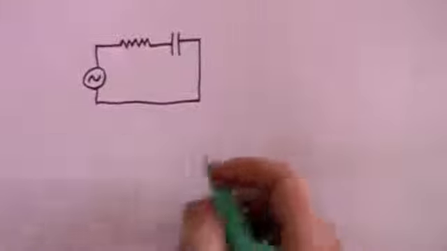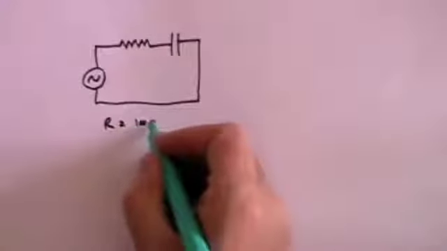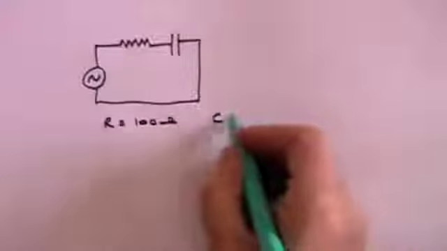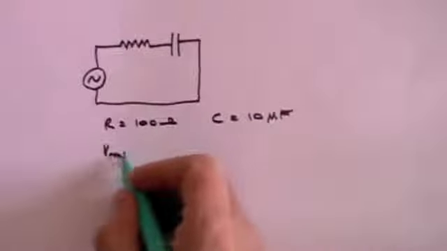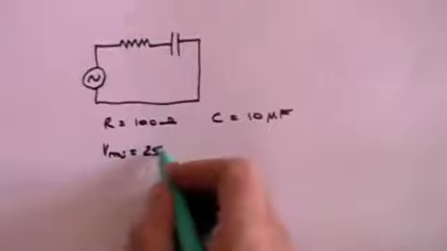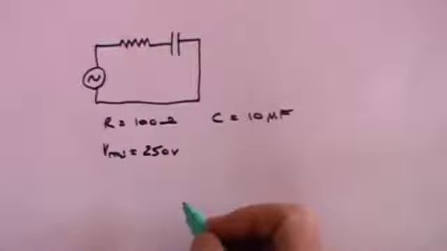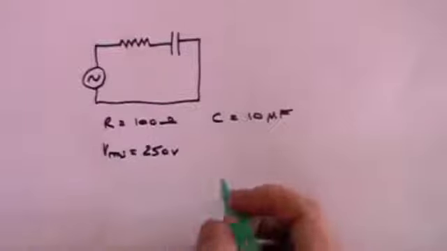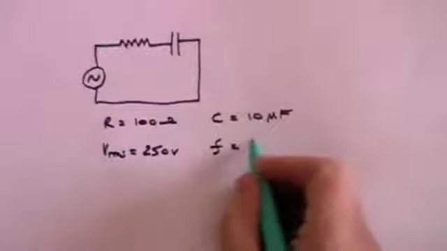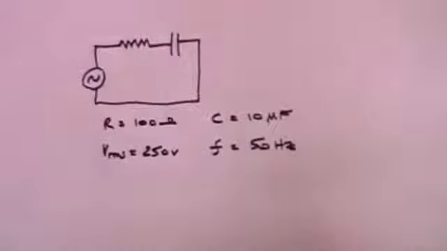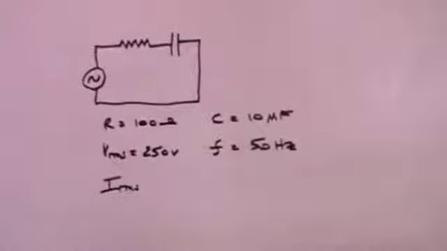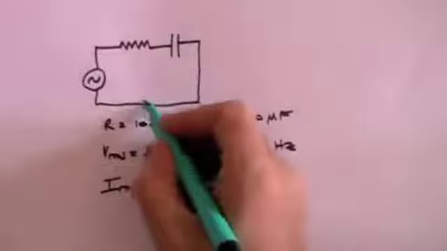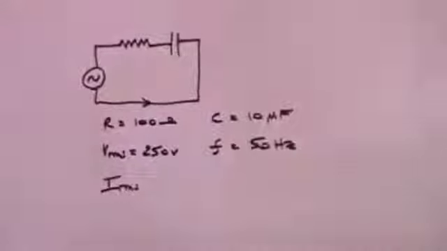And the values are that the resistance is 100 ohms, the capacitor is 10 microfarads, the VRMS is 250 volts, which means it's kind of broadly the United Kingdom power supply that comes from the wall. The frequency in the United Kingdom is 50 hertz. And what we want to know is what is the root mean square current that is flowing in the circuit.